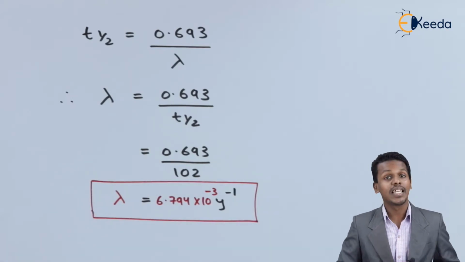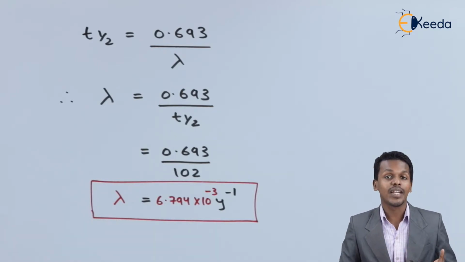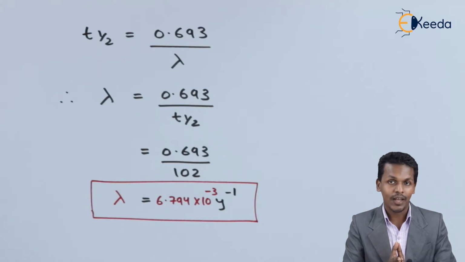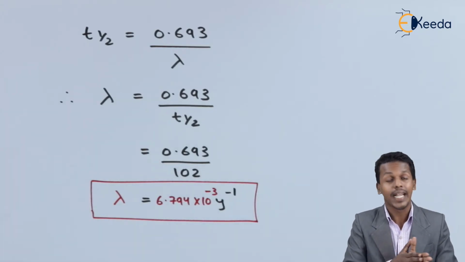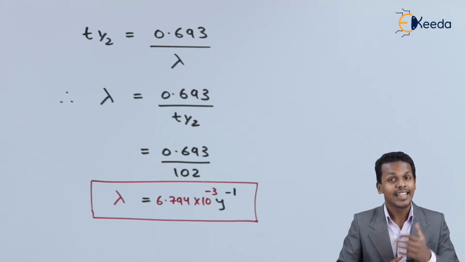But this is not the only thing we have to calculate. We have to calculate how much of the 1 milligram of polonium has decayed throughout 62 years. Let us understand the formula first.